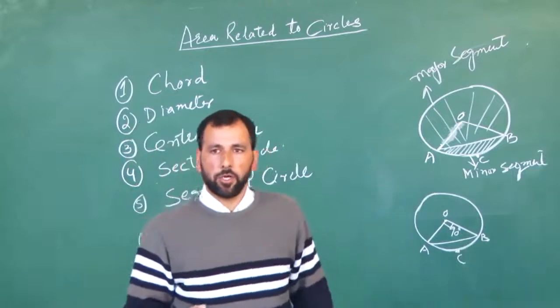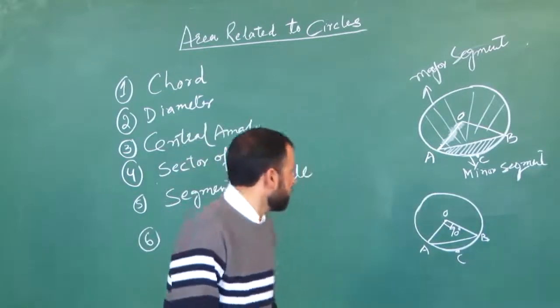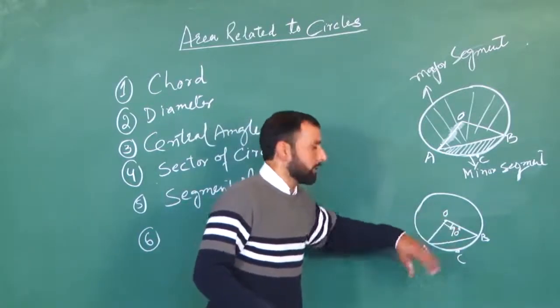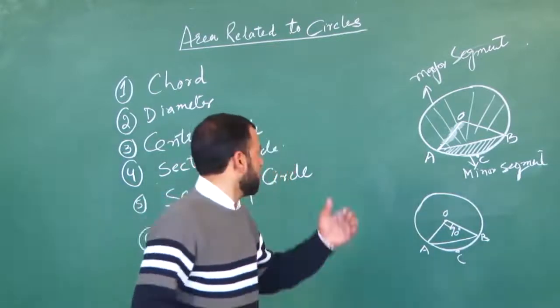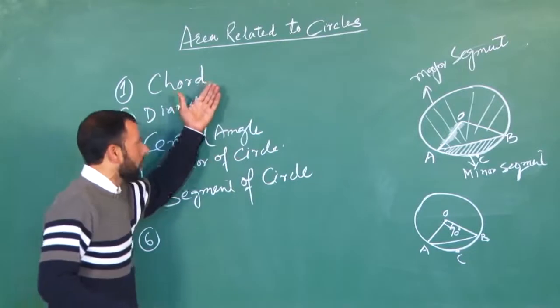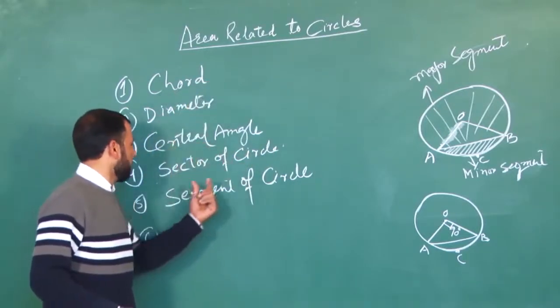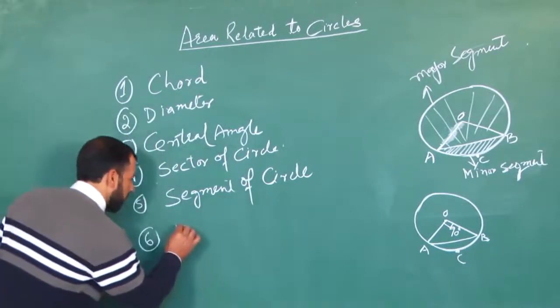Means a sector is said to be a quadrant when the central angle is equal to 90 degrees. So we have discussed these basic terms: chord, diameter, central angle, sector of a circle, segment of a circle, and the fourth one is quadrant of a circle.